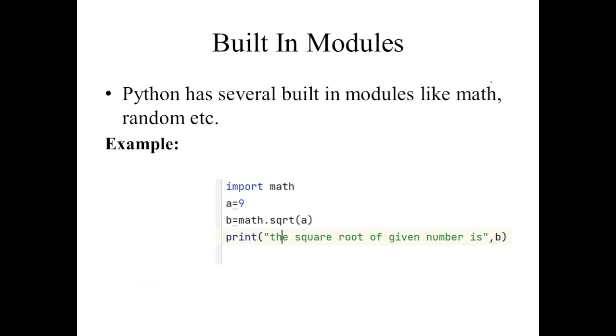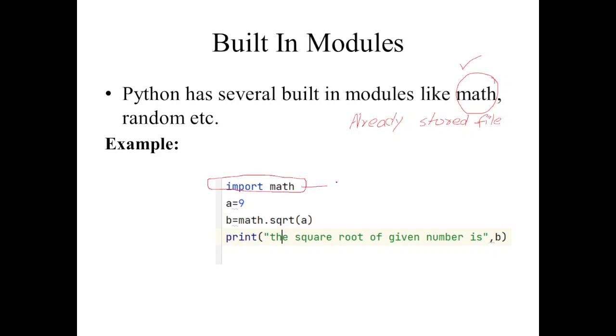For example, here is the math module, which is an already stored file in Python which has so many functions, and we can use these functions anytime in future as well. Whenever we want to use this module, this is the line we use.